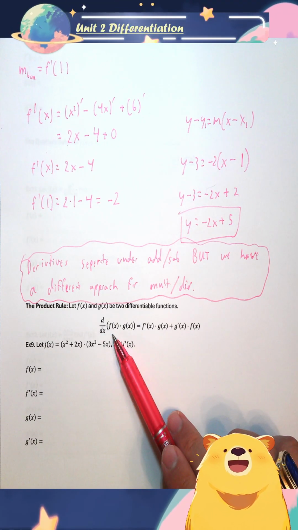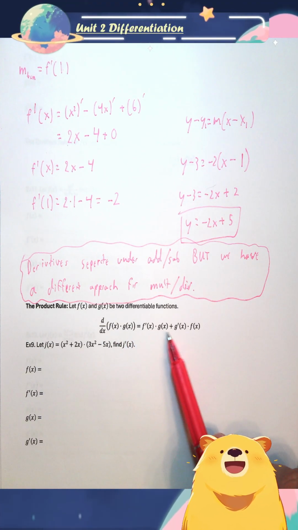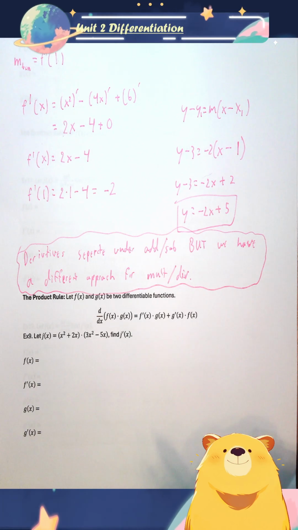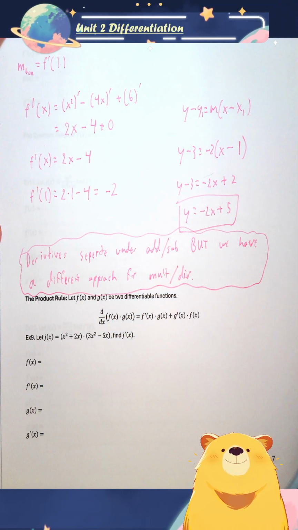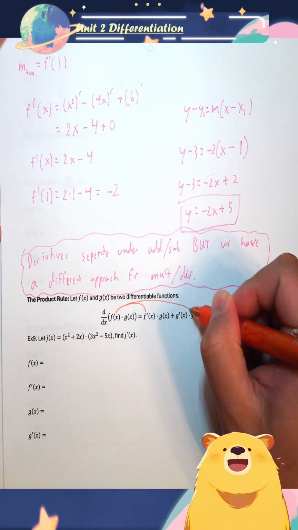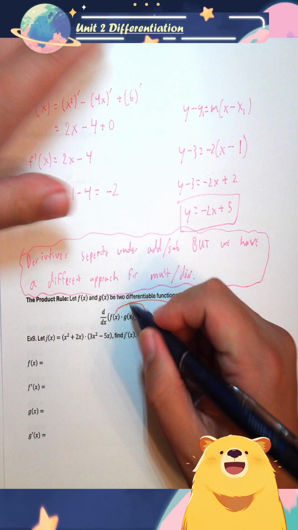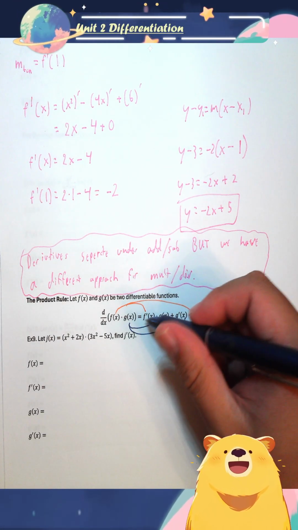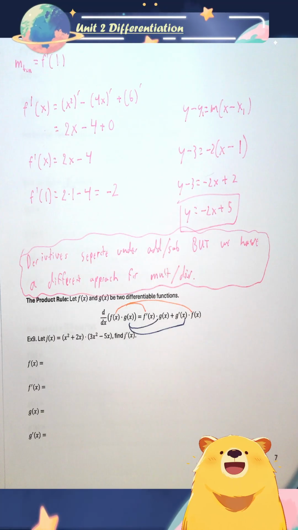But then we use f prime of x and g prime of x, and they have a sing-song, maybe even FOIL-esque method. You can see that here we get one f of x with a prime, one f of x without a prime. Here we get one g of x without a prime, one g of x with a prime. And it's important to note that each of these terms has one prime each.